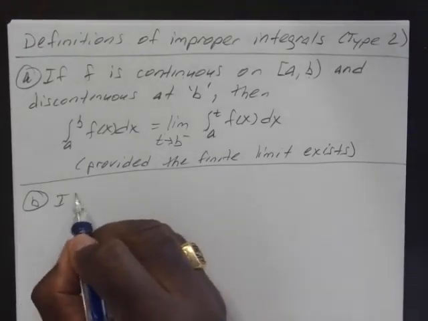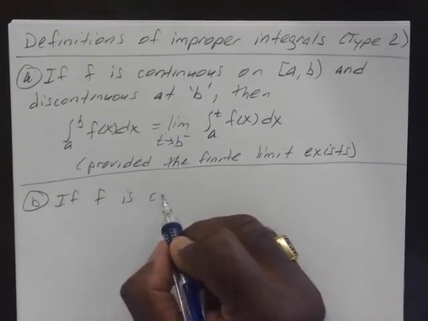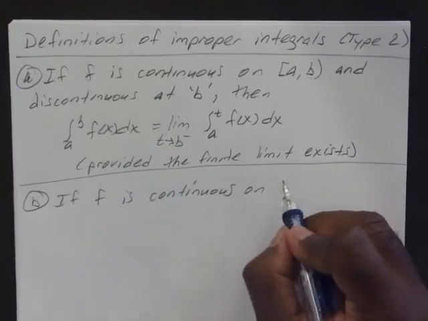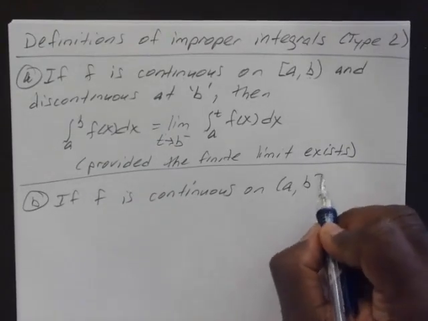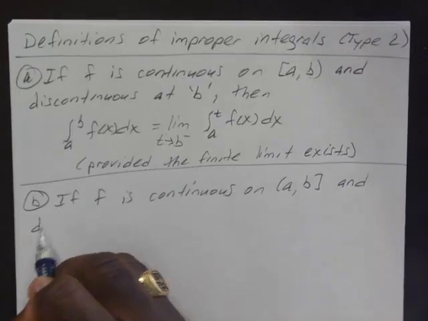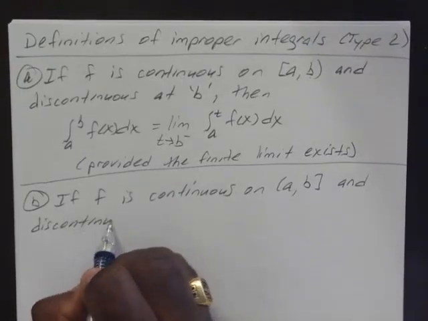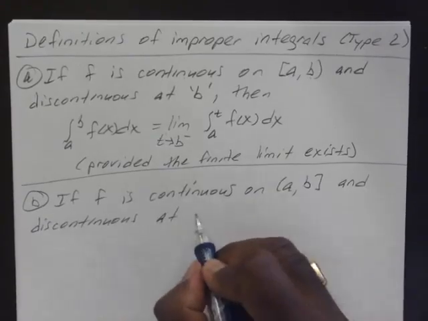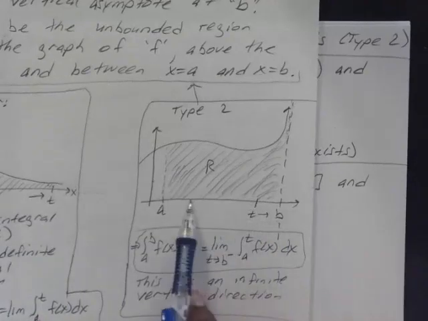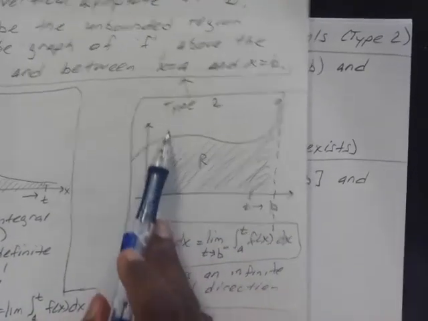So here we say that if f is continuous, but in this case from A to B, it can include B but not A, and discontinuous at A, which means your t is now approaching A from the right because A is now the one going higher and higher.